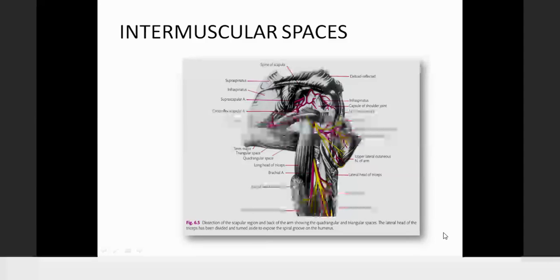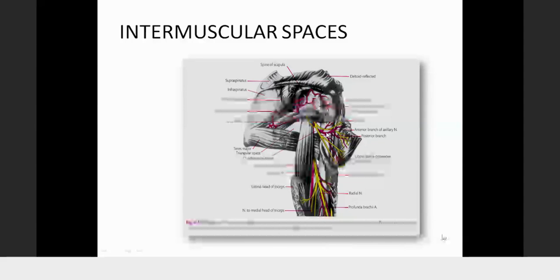So this is the surgical neck of humerus, and see what is passing. What is passing through this quadrangular space? One nerve is passing and blood vessels are passing. This nerve is the axillary nerve.